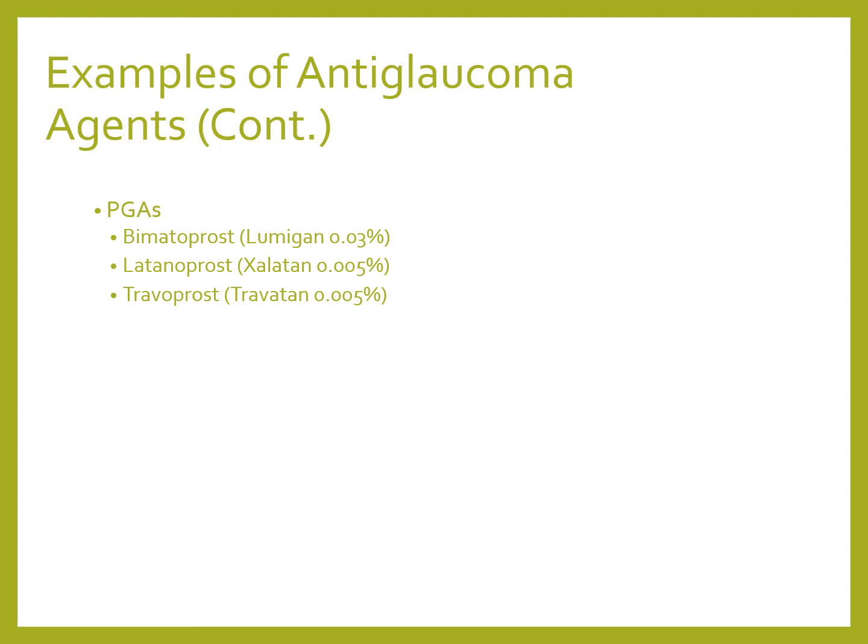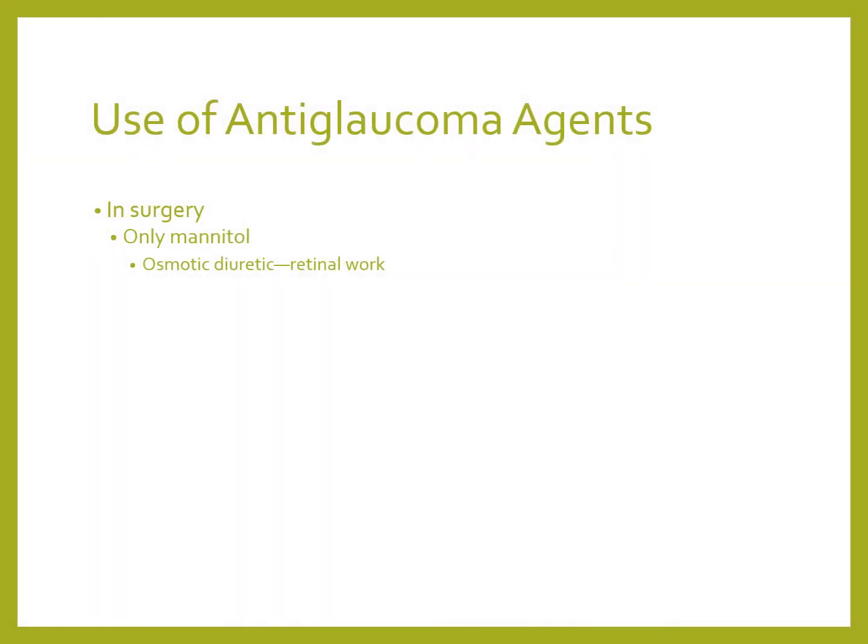PGAs, or prostaglandin analogs, are now going to be the first line of medical treatment for glaucoma. They significantly reduce intraocular pressure by increasing outflow through a different route than that trabecular meshwork. Of these agents, only mannitol will be given during surgery. If you want to review, you can think back to that diuretics chapter, but this works in the same way, and it's just going to be mainly important when a doctor is trying to do retinal work.